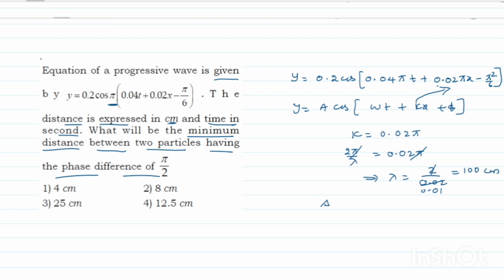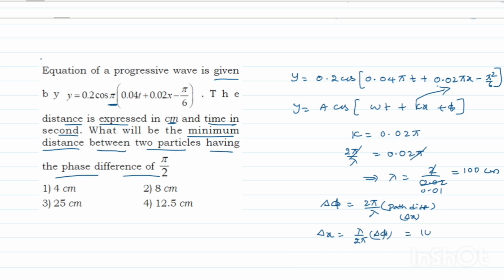Then there is a relation between phase difference and path difference. Delta phi equals 2 pi by lambda into the path difference. Then delta x is nothing but lambda by 2 pi into delta phi.